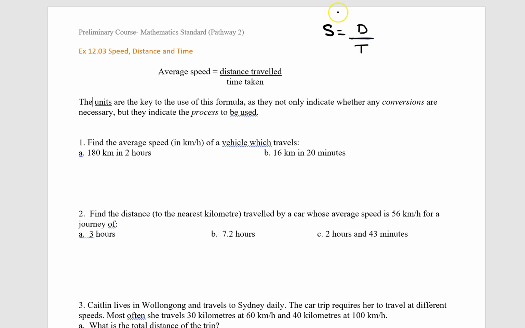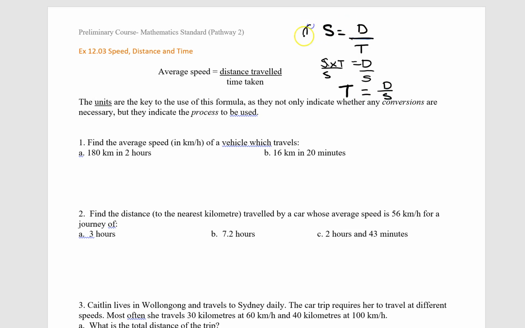And if we want to do that, remember we would multiply both sides by t, and we would get S times t equals distance, and we could divide by S, because remember, we're wanting to make time the subject. And so we would get a formula: time is calculated using distance divided by speed.